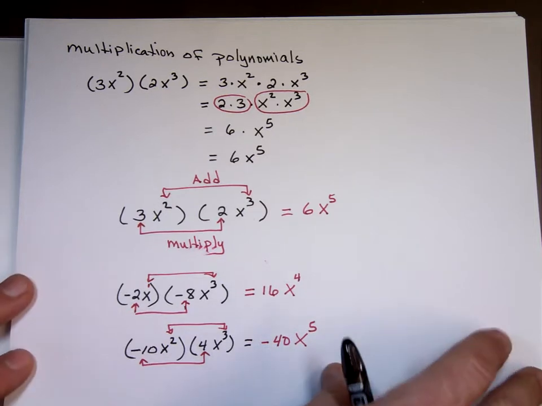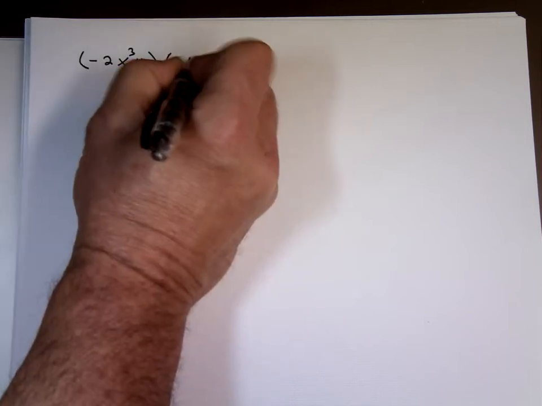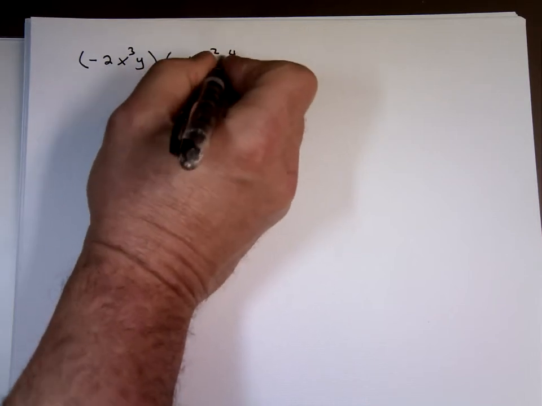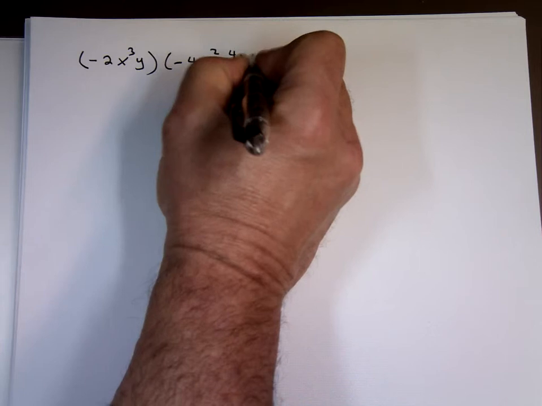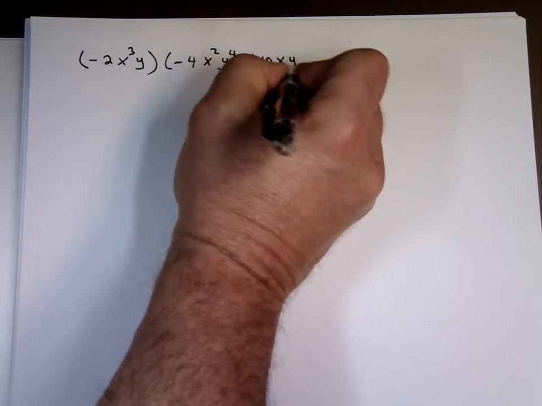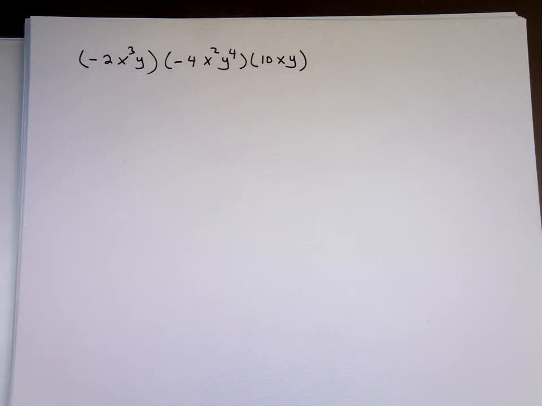Let's make it a little bit bigger there. I have negative 2x to the third y times negative 4x squared y to the fourth times, one more, 10xy.